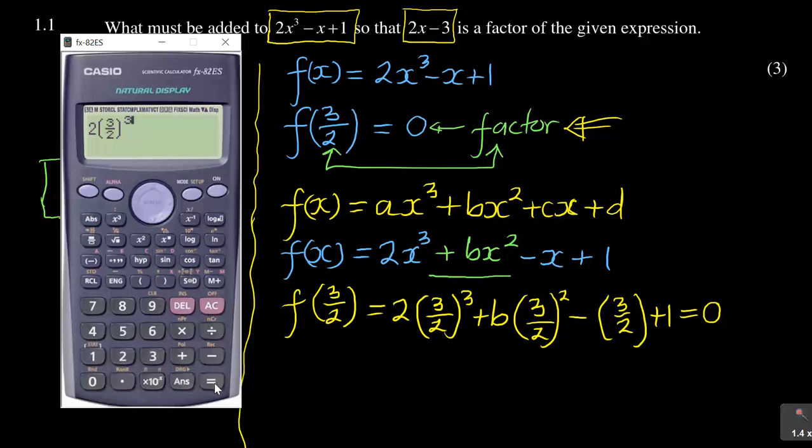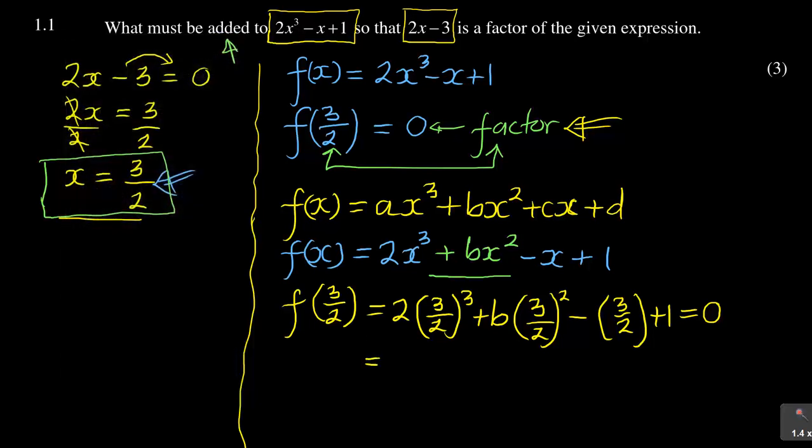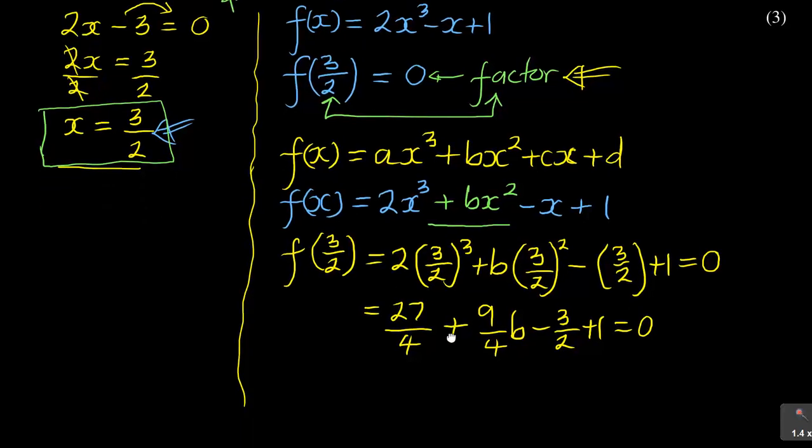If you can get the answer, it is 27 over 4. And it's plus 3 over 2 squared, it will be 9 over 4 b, and then it's minus 3 over 2 plus 1 is equal to, in this case, 0.